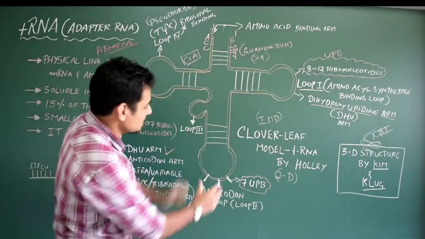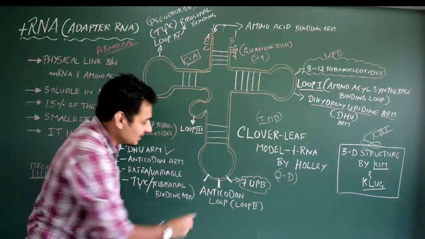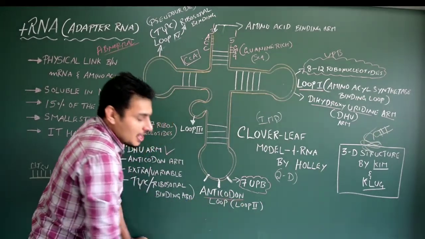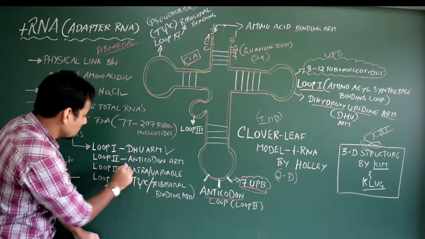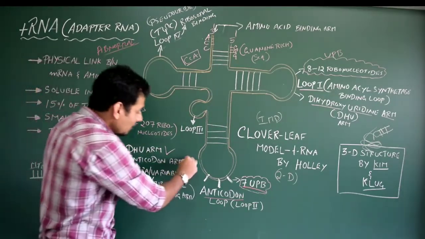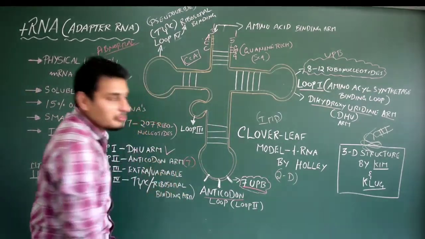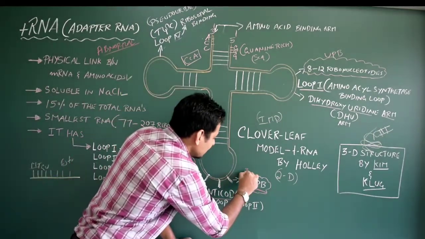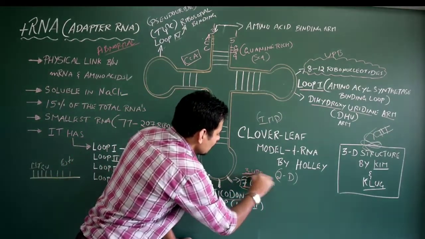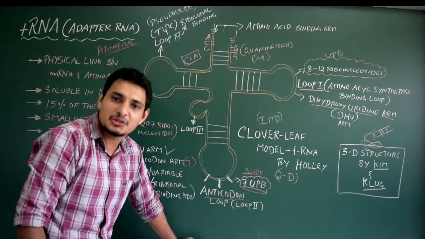Then we'll come to this. The second loop is very important, which has the anticodon. How many unpaired bases will be there? 7. That's what I have mentioned here. Loop 2 is called anticodon R. It has got 7 unpaired bases. Out of 7 unpaired bases, only 3 unpaired bases will recognize the codons present on the mRNA.